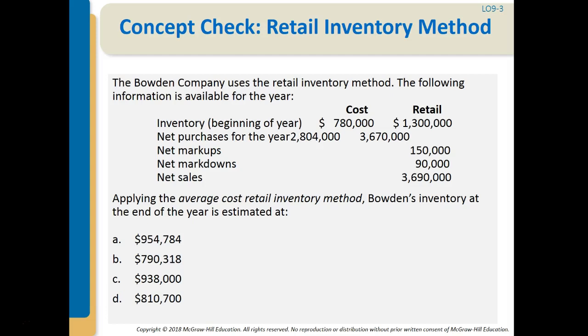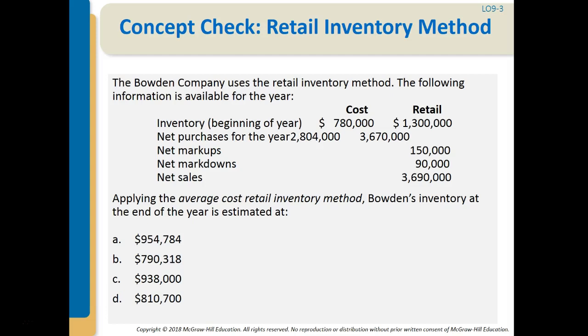Let's look at another concept question. The Bowden Company uses the retail inventory method. The following information is available for the year. So as you see here, our beginning inventory at cost is $780, retail $1,300,000; net purchases for the year, $2,804,000, retail is $3,670,000; net markups, $150; net markdowns, $90; net sales, $3,690,000.